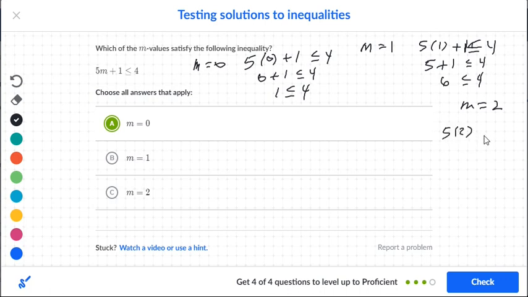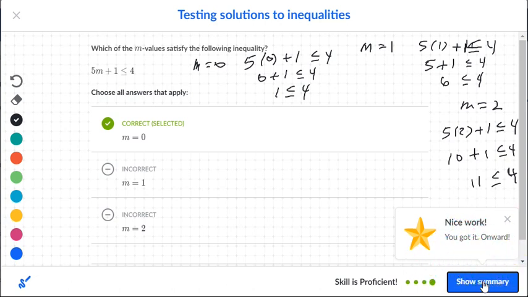So 5 times 2 plus 1 is 10 plus 1, and this is 11. It says 4 is better than 11. That's false. 4 is not better than 11.